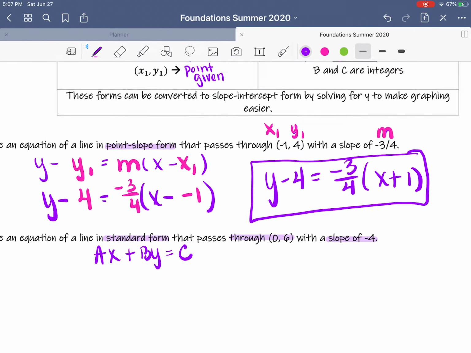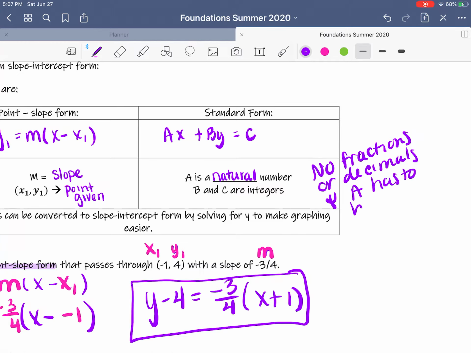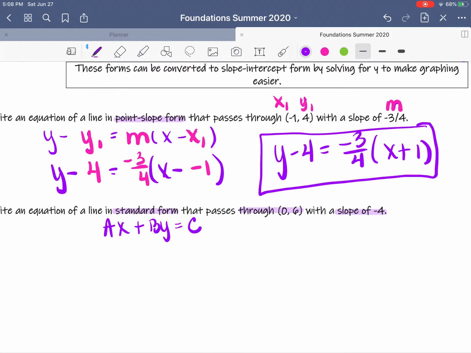And if we refer back up to here, basically what that means is x and y are on the same side. And we have some stipulations here that we're going to take care of in standard form. We cannot have fractions or decimals, and A has to be positive.